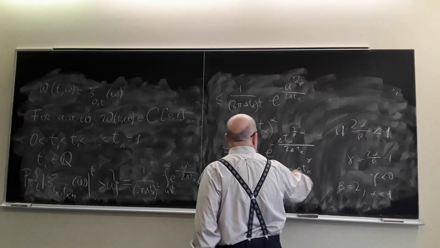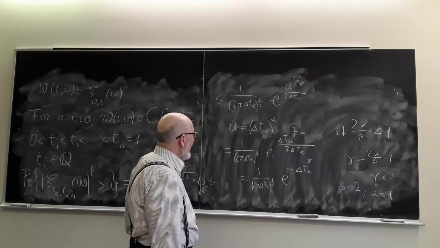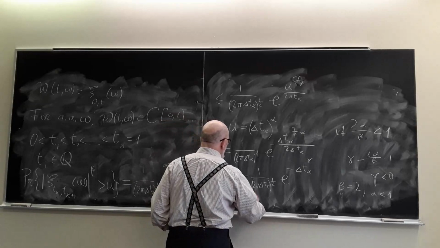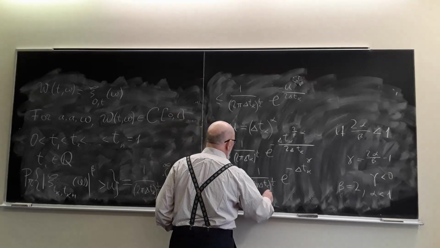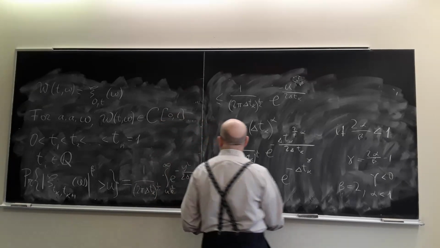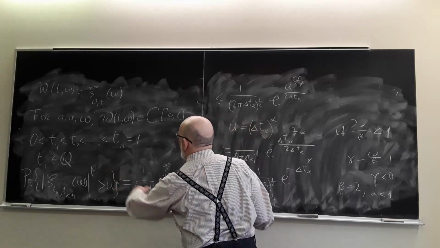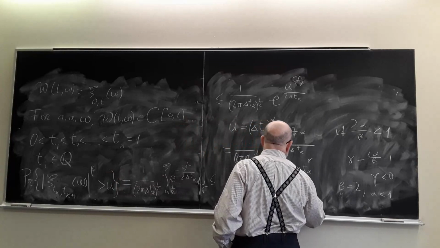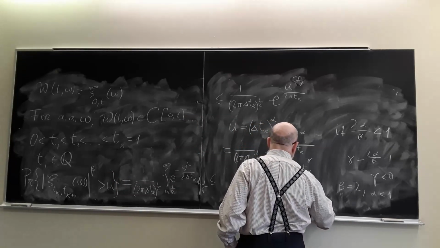Then all this becomes, when delta t_k goes to 0, this probability goes to 0 very fast.